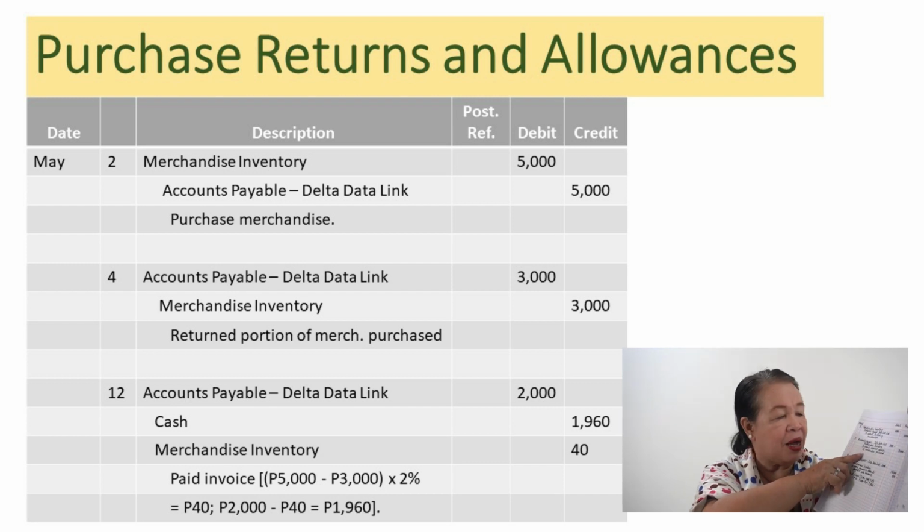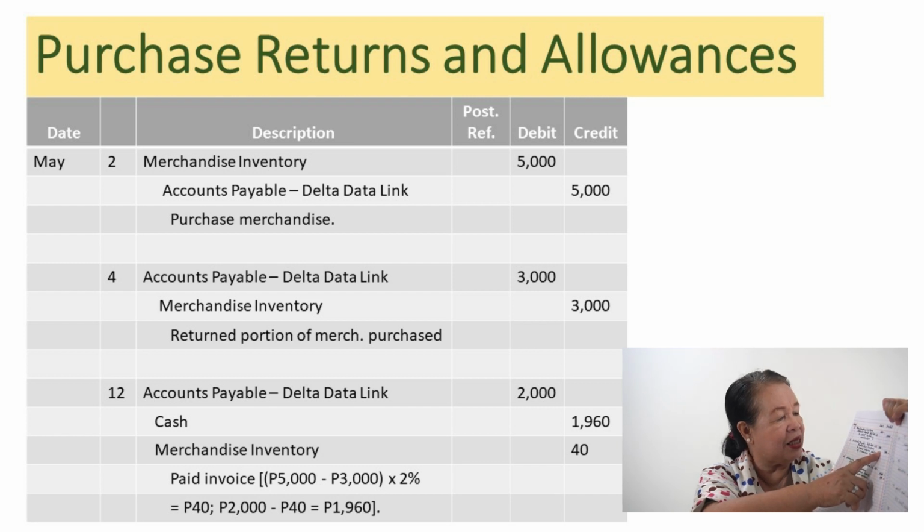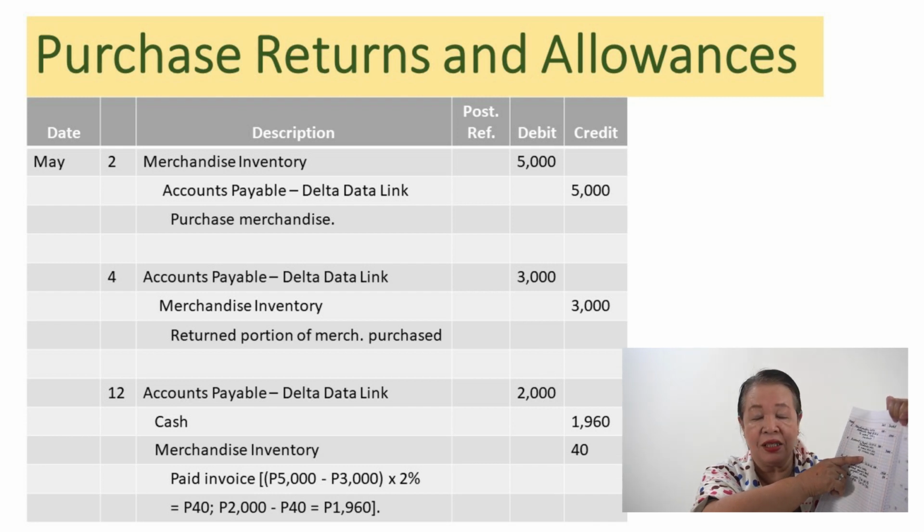No? Pagdating naman ng May 4, meron tayong accounts payable na Delta Data Link na 3,000 and then we credit merchandise inventory na 3,000. No? Okay, to record return portion of merchandise purchase.